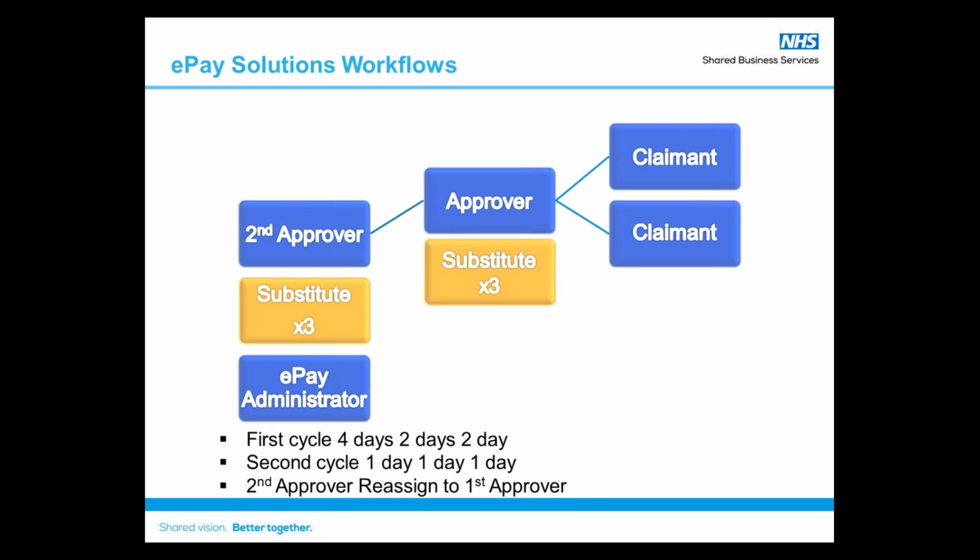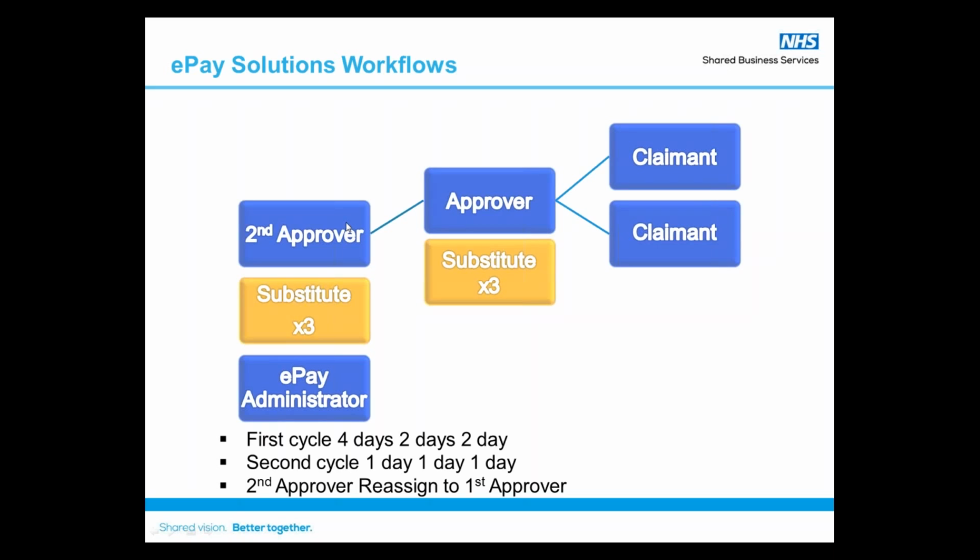It stays with the second approver for 2 working days, and if they still don't approve it, then it will escalate up to the ePay administrator here, and they have the facility to reassign escalated claims back to the original approver or to somebody else if there's been a genuine problem there.